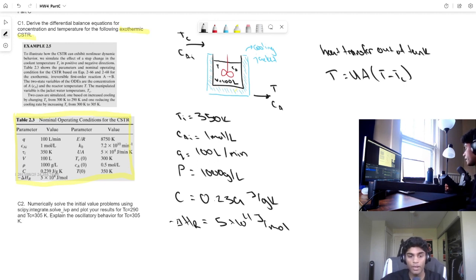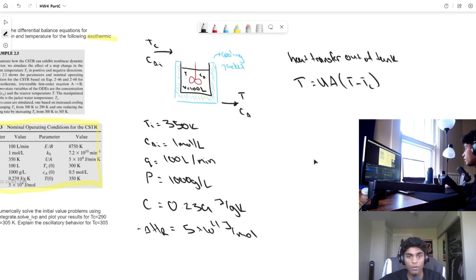The reason why the negative is on this side and not this side is that we are, of course, dealing with an exothermic reaction. So in order to have a positive heat of reaction to work with, we give the negative to this term and negate it on that side, just so we have something positive to work with.